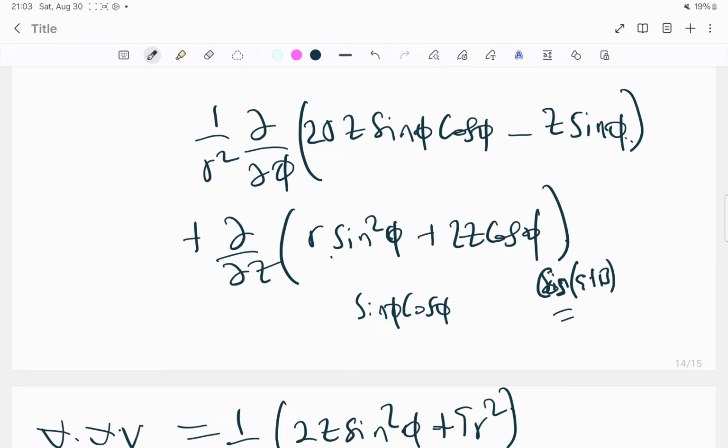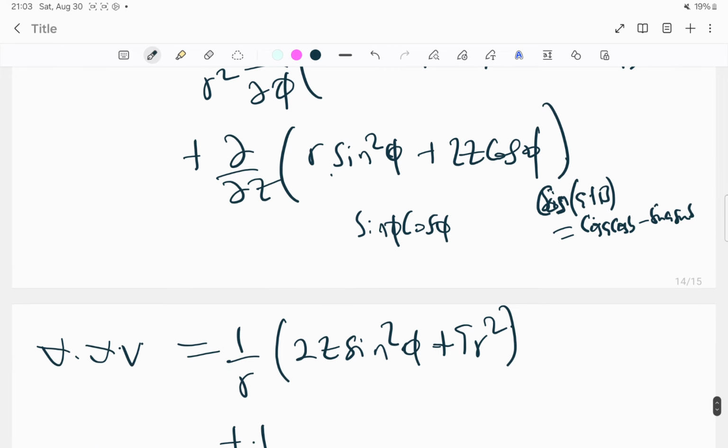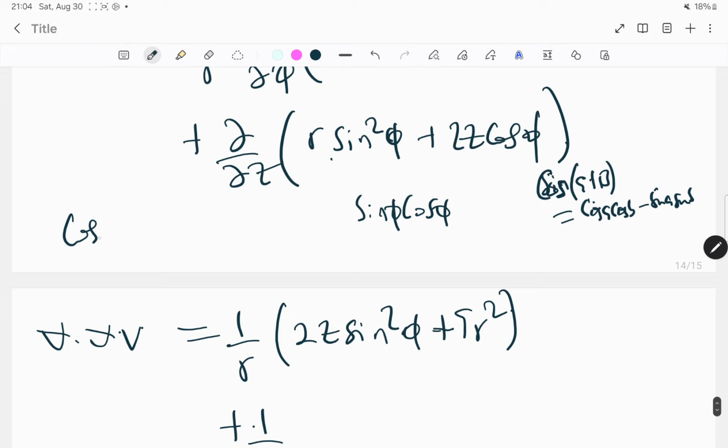So if we have cos A plus cos B, it is going to give us a half of cos A cos B minus sine A sine B, right? So if we have this, imagine I have cos, in that case these are the same.